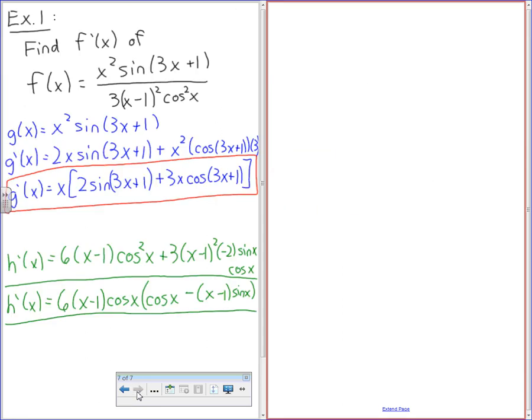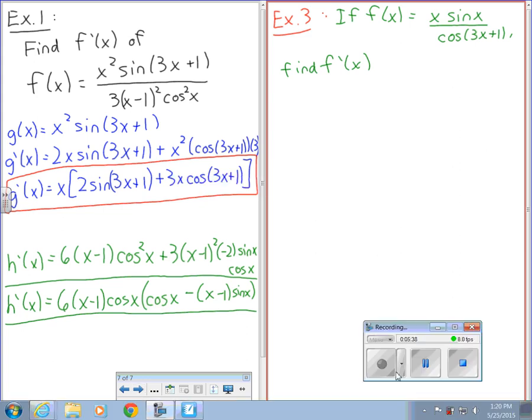Example 2. x sine x all over cos 3x plus 1. This one is more on the doable side compared to that last one, so there's actually a chance of finishing this question. Please try right now.